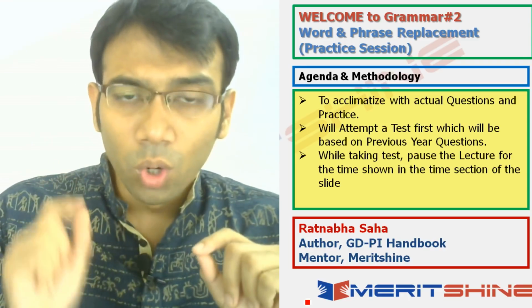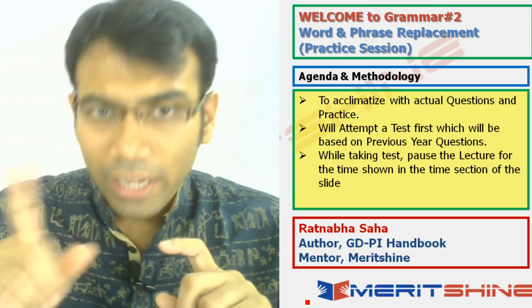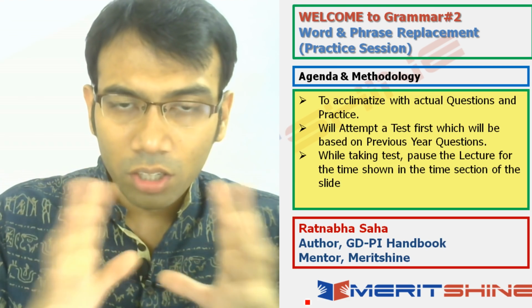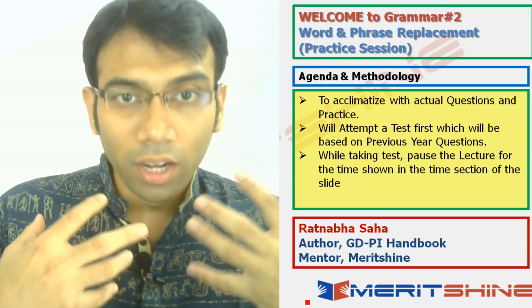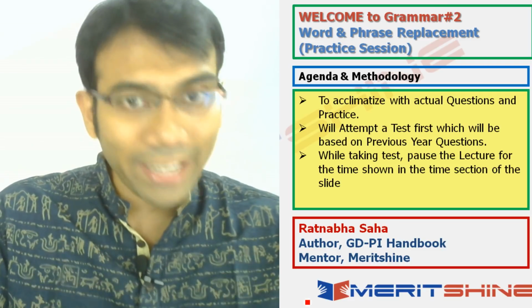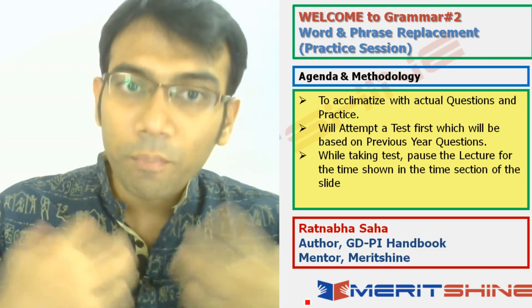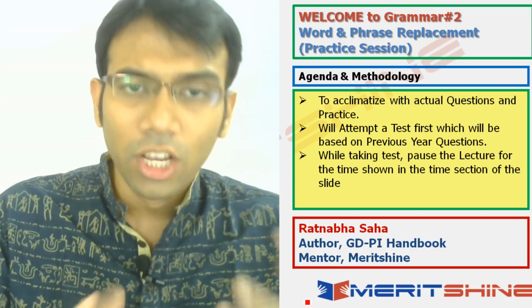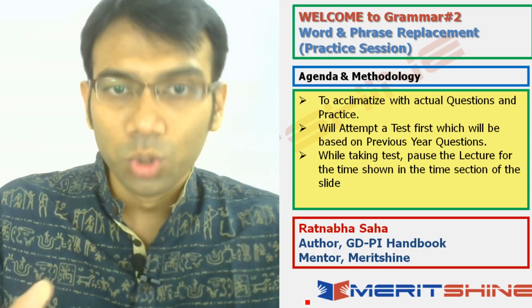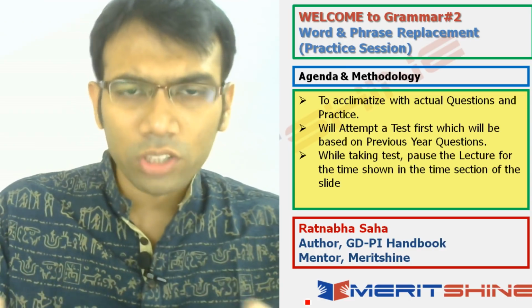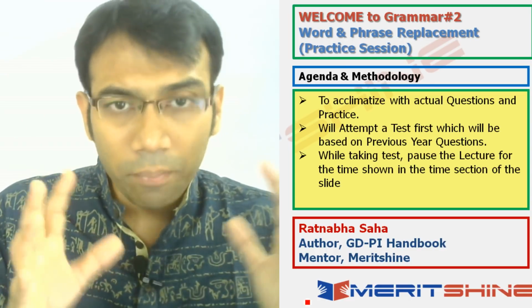The timer would be in the top right hand corner of the slide. You should not go beyond the time I have suggested by a huge margin. Yes, you can go beyond that time by 10 or 15%, but not more than that.